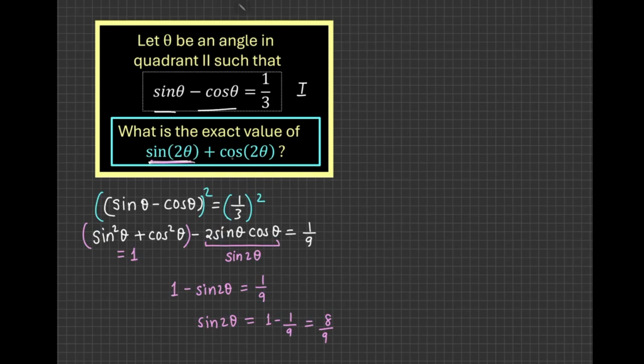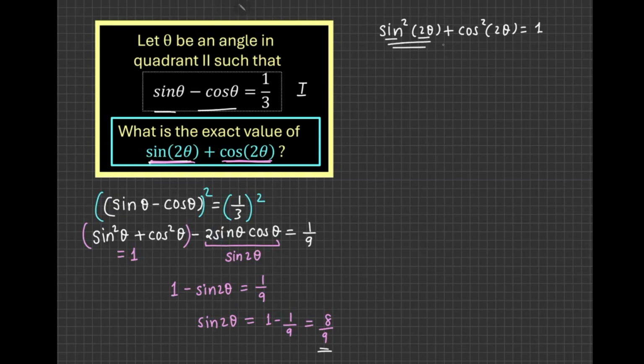Next thing we need to figure out is the value of cosine 2 theta. Naively, we might think that we could do this: sine squared 2 theta plus cosine squared 2 theta equals 1. We already know the value of sine 2 theta to be 8/9.